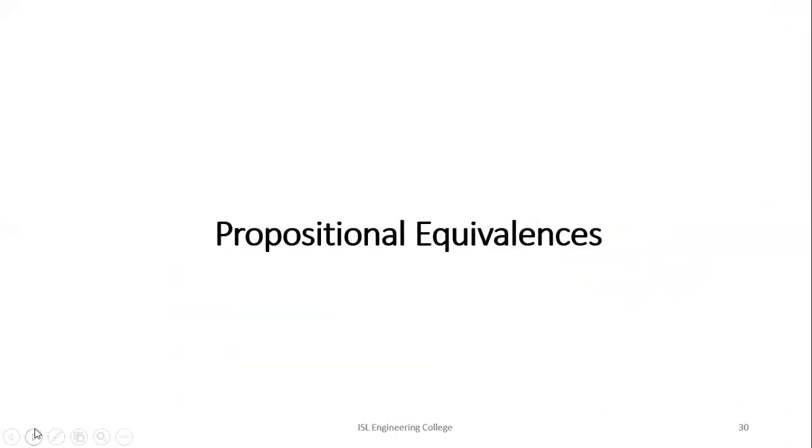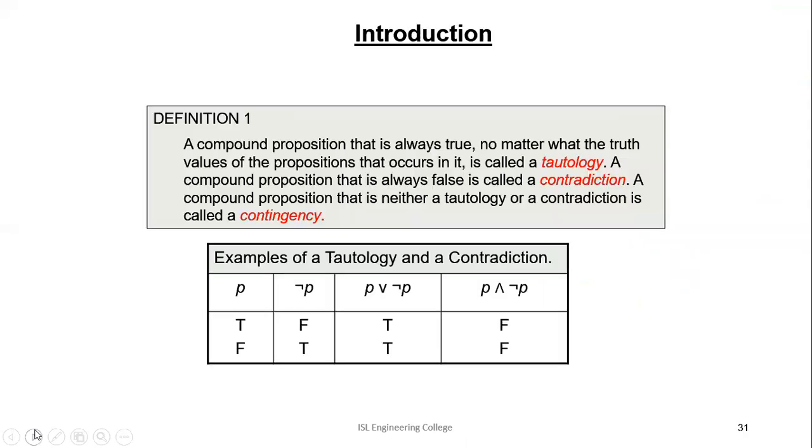Now, the next topic is propositional equivalences. So, we first have to understand three terms for propositional equivalences. When a compound proposition is always true, no matter what the truth values of the propositions that occur in it, then it is called a tautology.